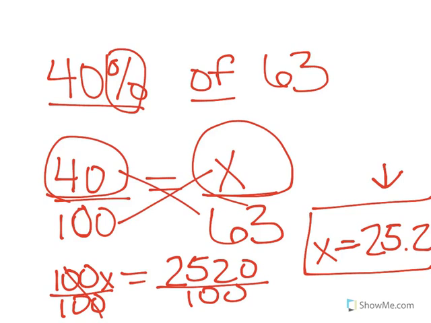Always when you have an answer, especially solving proportions, make sure the decimal is in the correct place value, and that we set up everything and did the math correctly. Just check, make sure it's reasonable. That definitely seems right. Okay, so we had 40% of 63. We set it up, percent over 100 is over of, and then we solved it.